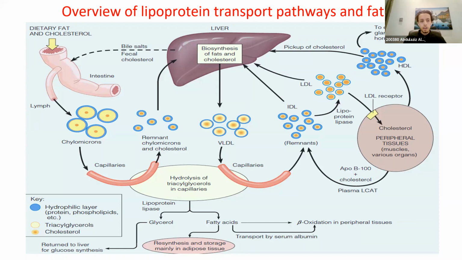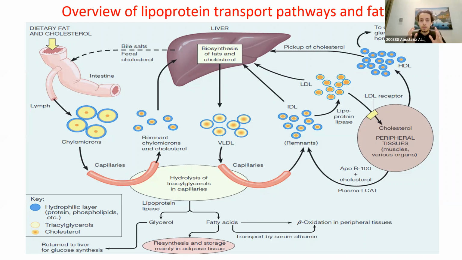In the circulation, after it reaches capillaries of the adipose tissue, we have lipoprotein lipase. Lipoprotein lipase hydrolyzes the triglycerides in the chylomicrons and stores them in the adipose tissue.